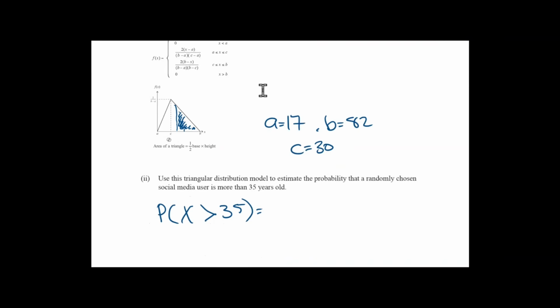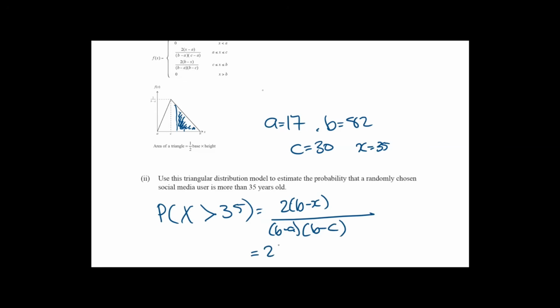So it's going to be 2 times (b minus x) squared, and x is the number that we have somewhere. So x is going to be 35, over (b minus a) times (b minus c).